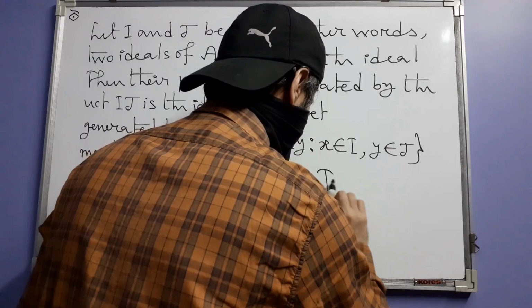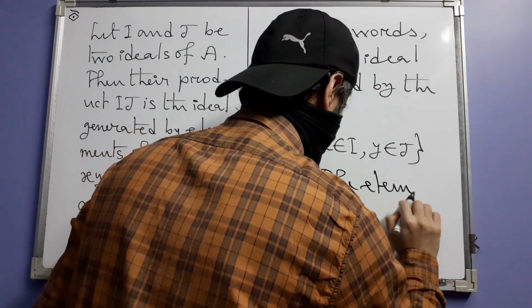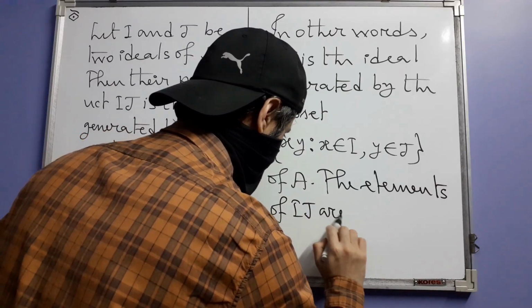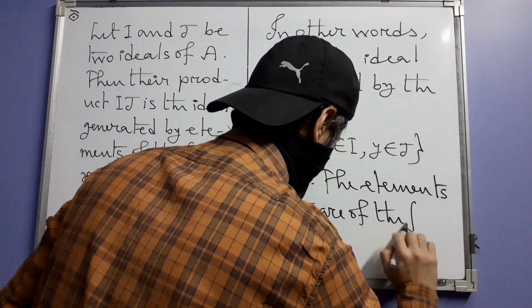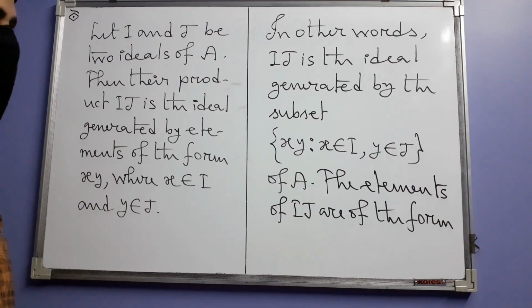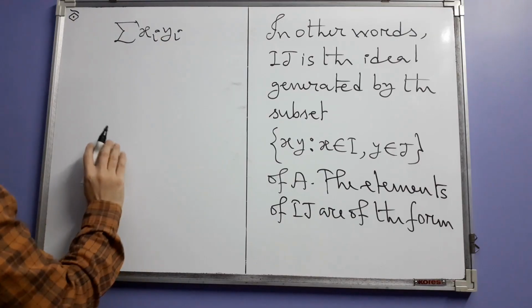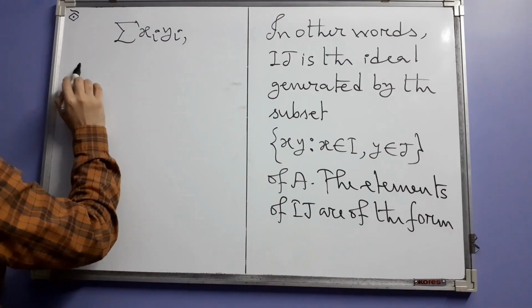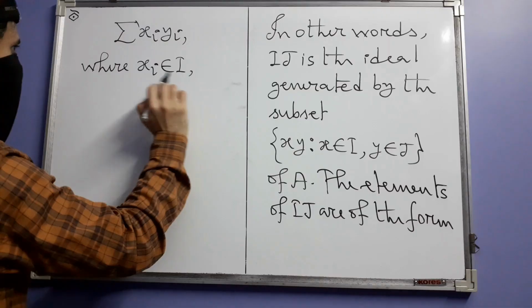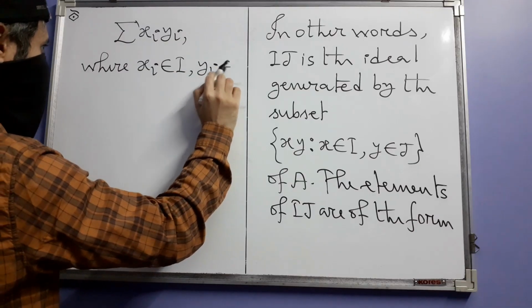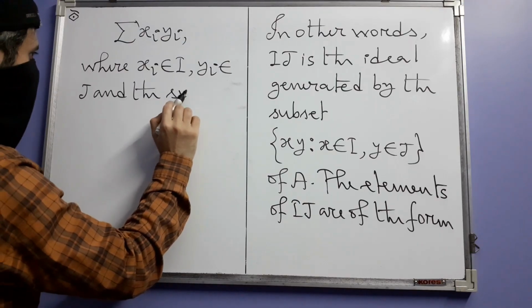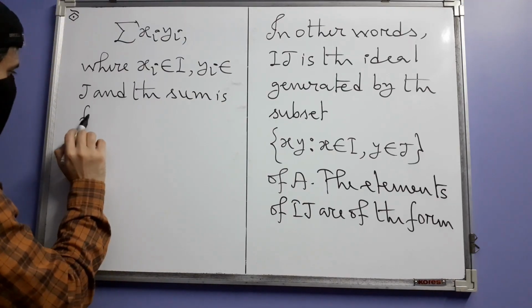The elements of IJ are of the form summation xi yi, where xi belongs to I, yi belongs to J, and the sum is finite.